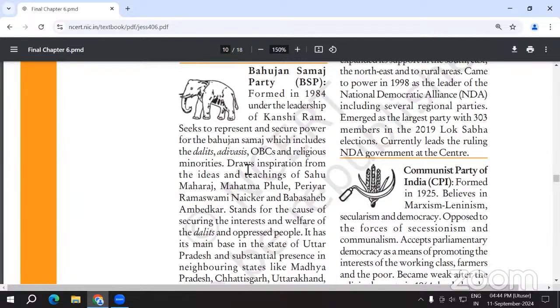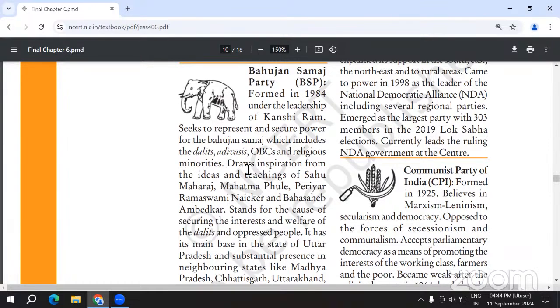Baba Sahib Ambedkar. These all persons worked for the upliftment of the Dalits. That is why their inspiration was taken in the formation of this political party.